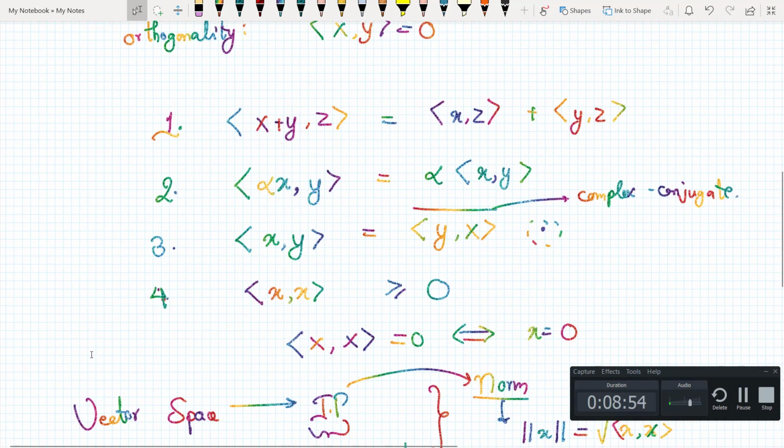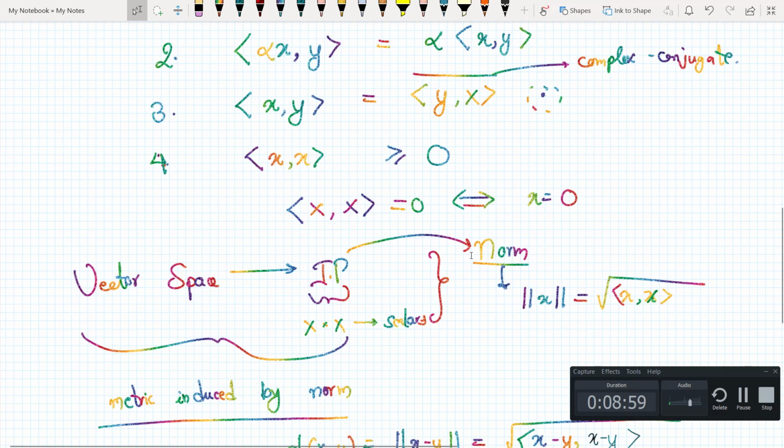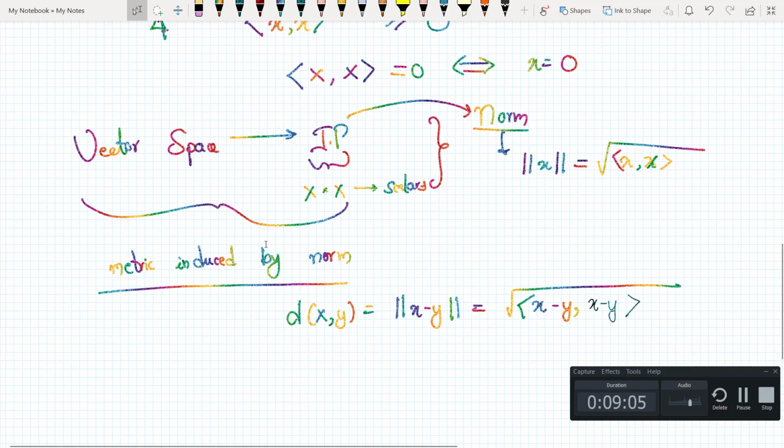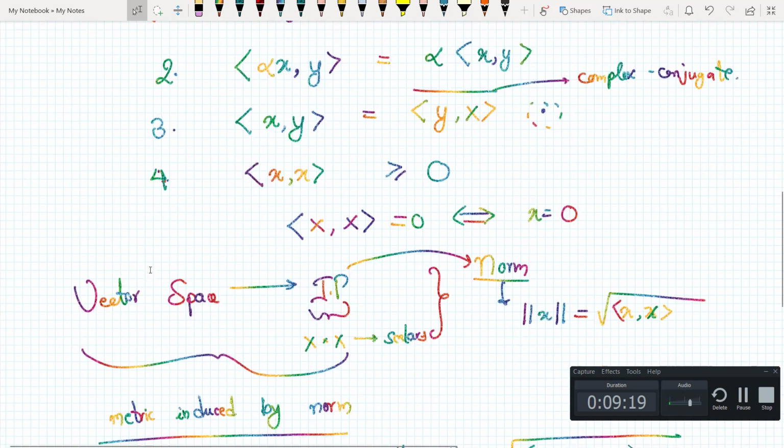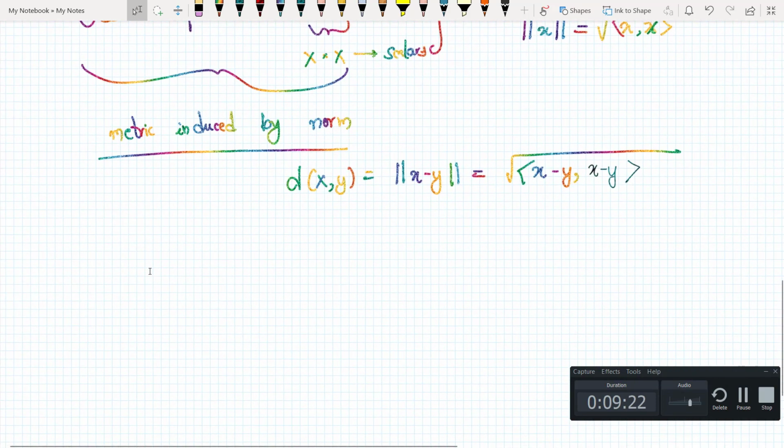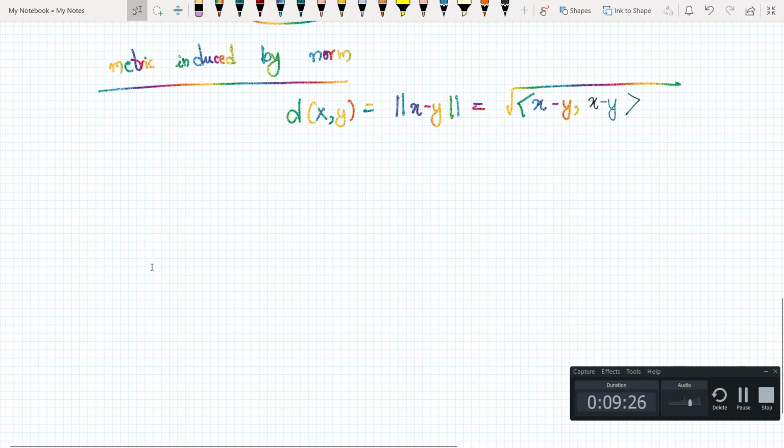And these were the 4 properties that the inner product has to satisfy. The norm is nothing but the square root of the inner product of the element with itself. And again, I define a metric on this also via this formula. One of the things to see here is that the inner product space is also a norm space, also a metric space. How? The inner product gave rise to the norm gave rise to the metric.